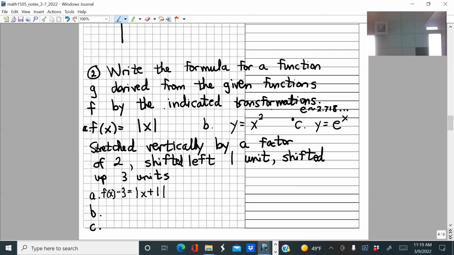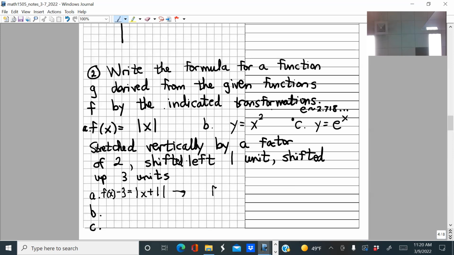Where do you want to multiply? When you're stretching vertically, are you multiplying x by something or y by something? Y, right, okay. So y here is the same as f of x, right?